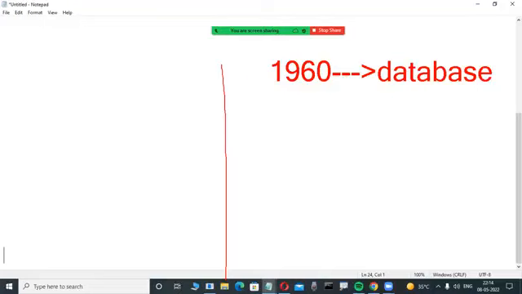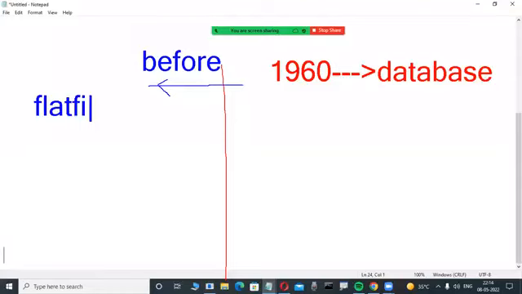But before 1960, companies stored data permanently on the hard disk using a flat file mechanism, an old-days approach. Flat file means files. In that flat file approach, there are so many drawbacks. We will learn about some drawbacks in a future chapter.